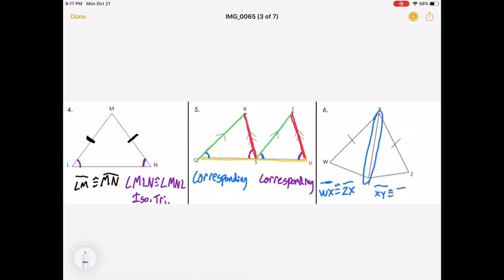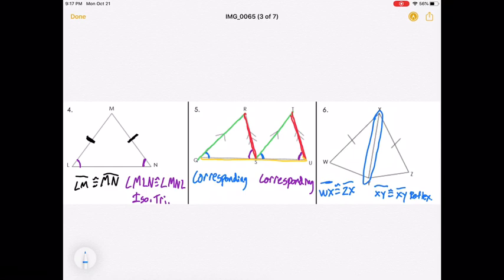So line XY is congruent to line XY. Again, because it's reflexive. So because it's the same line, you could use that one twice there.